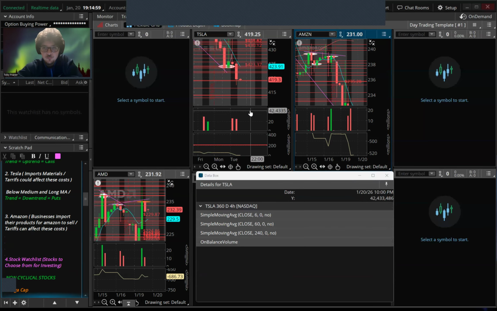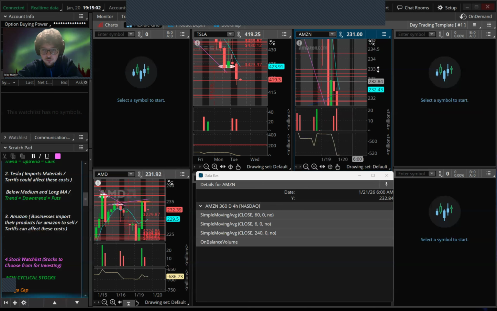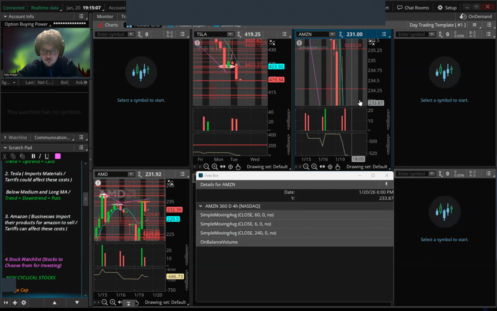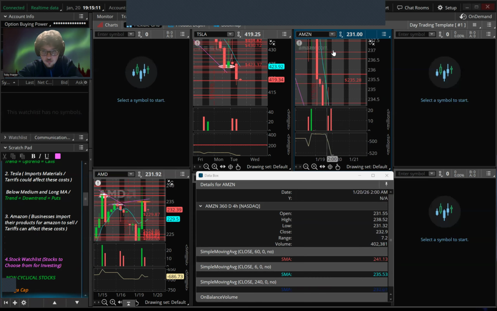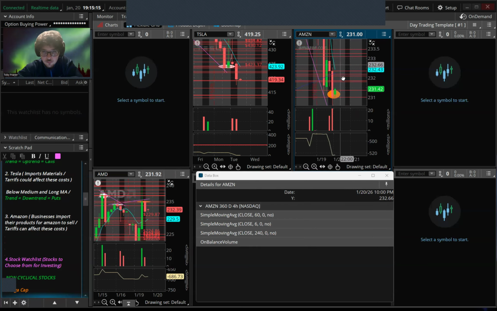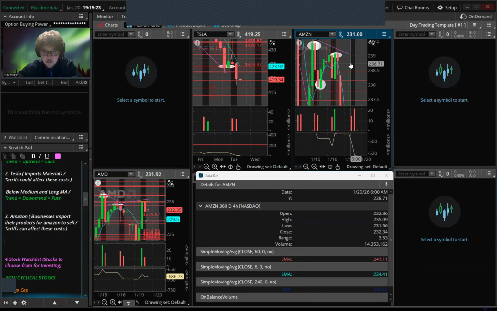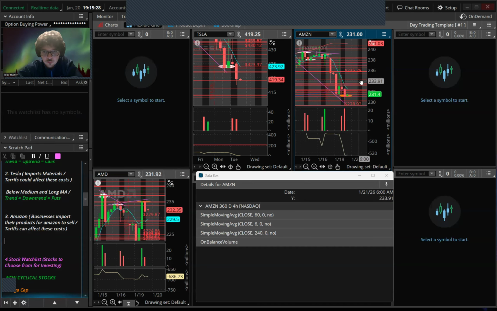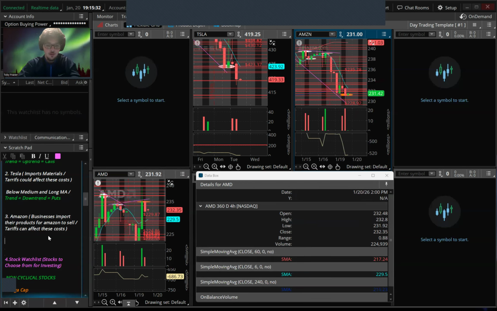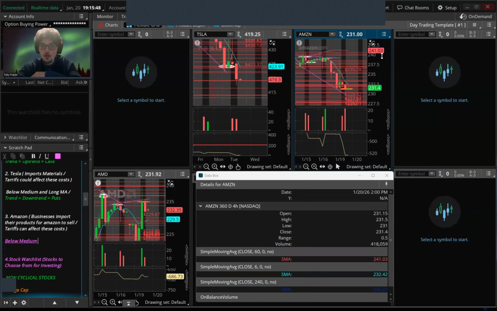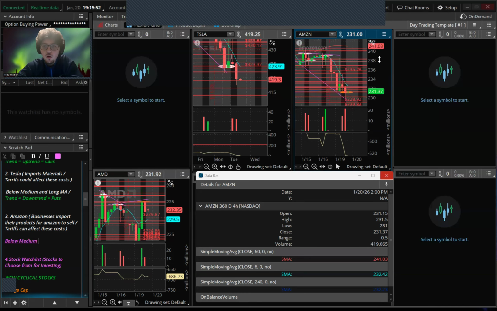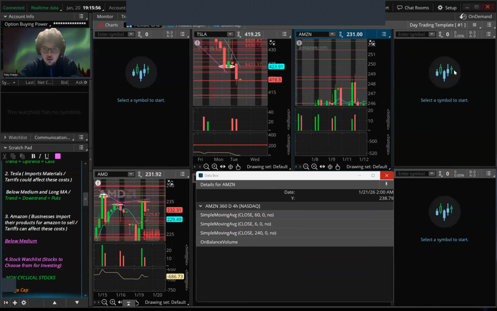So we have a lower high. Trend, so we are below the medium, below the, let me try to find the long-term moving average.